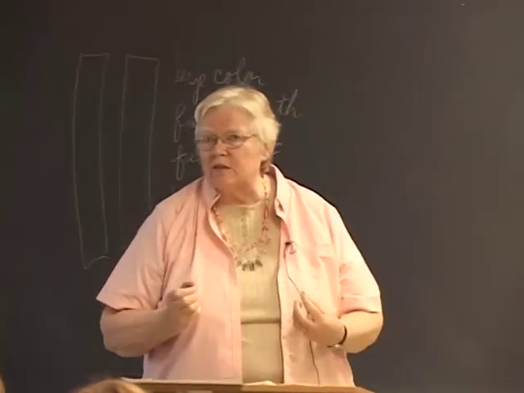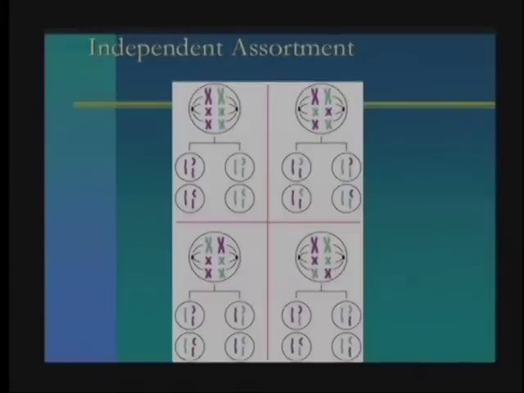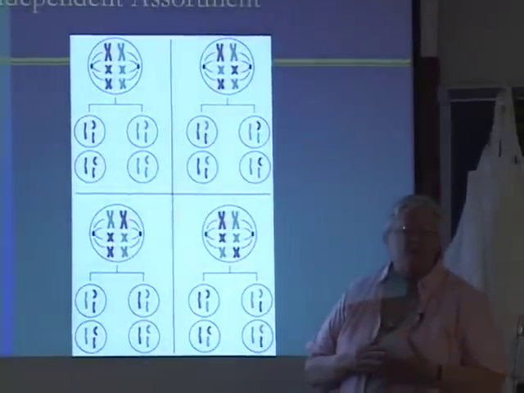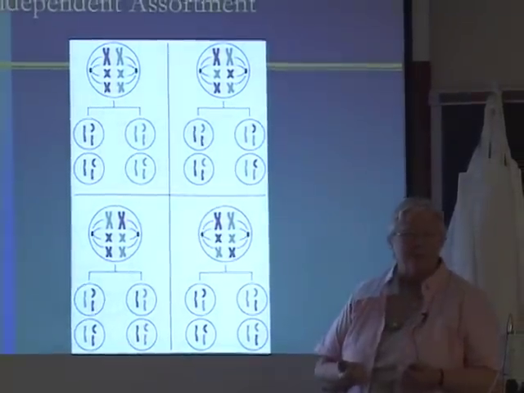Is that making sense to you? So if you look at those four cells that are being produced in each example, if you think of those as four sperm cells, okay. So we talked before about how sometimes characteristics will travel in pairs.